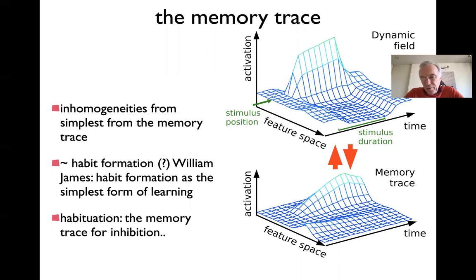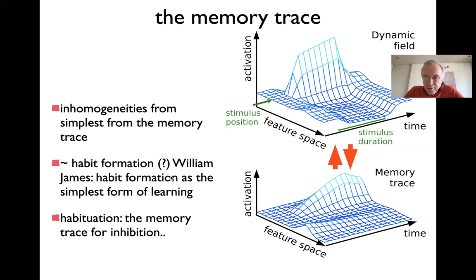Now, if you look back into the literature, the simplest and historically oldest forms of learning that people were looking for seem much simpler. And William James famously opens his book on psychology on habit, on forming habit. In the meantime, nowadays we have a much more refined view of what habit formation actually is.